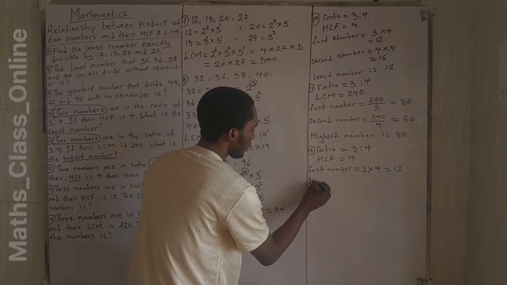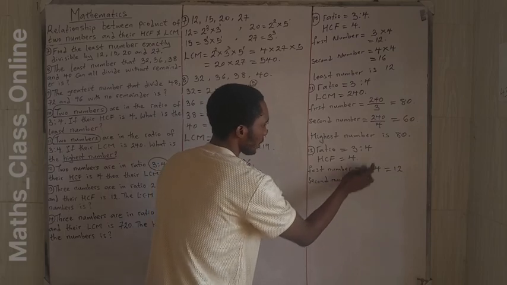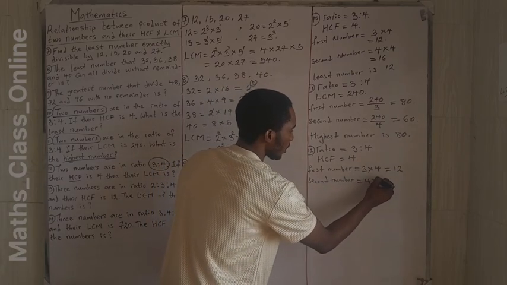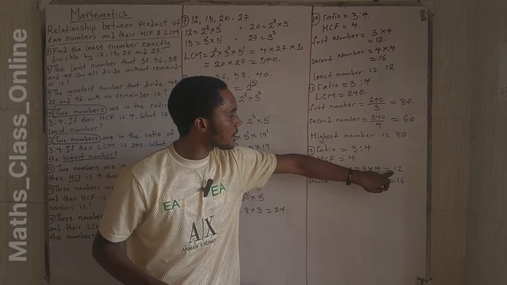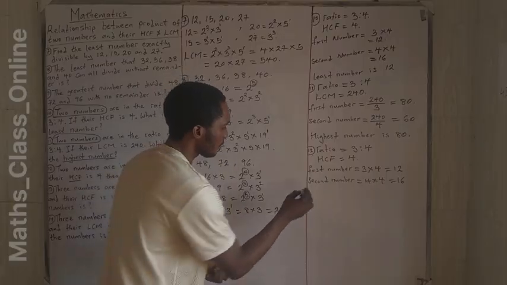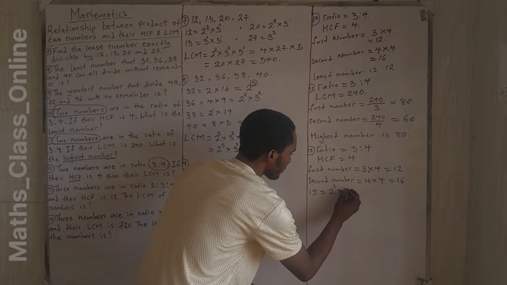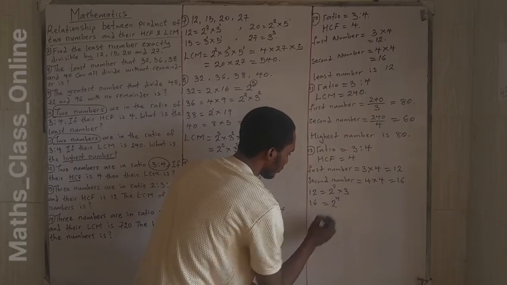And the second number in the ratio is 4, times HCF, 4, that is 16. Now, express 12 and 16 as a product of primes. We have 12 equal to 2 raised to the power of 2 times 3, and 16 equal to 2 raised to the power of 4.